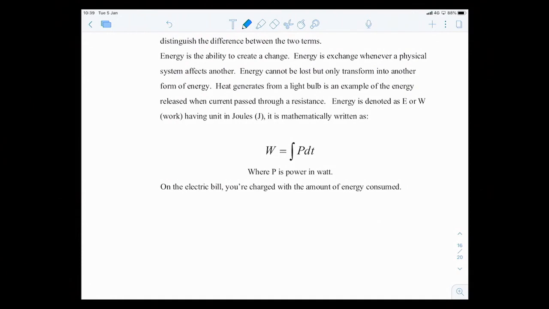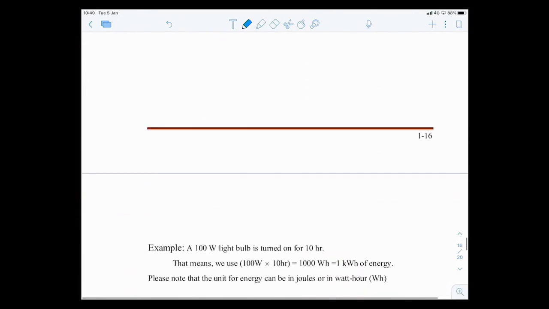Now in the electric bill, energy is like joules, but in electric bills we make it so that we understand it very clearly. For example, if you are studying for my class and you turn on a 100-watt light bulb on your study table, and you study so hard for my exam for 10 hours, then if you multiply 100 watts by 10 hours, you get 1000 watt-hours of energy.